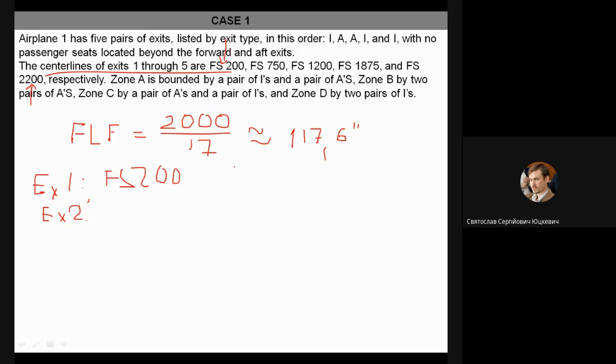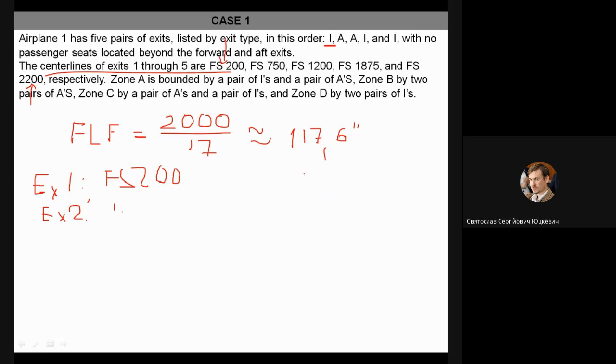So what was the type rating for exit 1? 3.0. No. Do you remember?